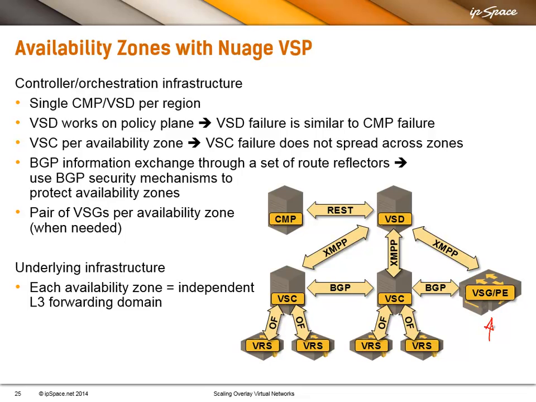By the way, I would never ever stretch a single physical VLAN across multiple availability zones. I don't care that much what you do within the availability zone. I would, of course, use as narrow VLANs as possible, so I would try to limit a VLAN to a single top of rack switch.